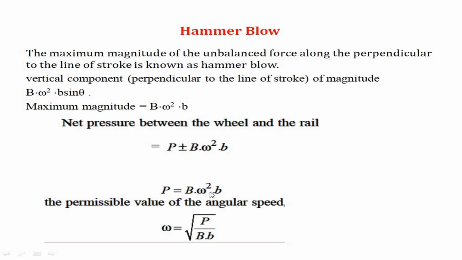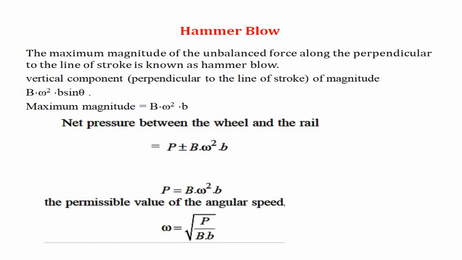This is much more important as it is going to decide the permissible value of the angular speed. If the value of ω increases to an extent where P is less than b ω² r, there are chances that the engine can be derailed.